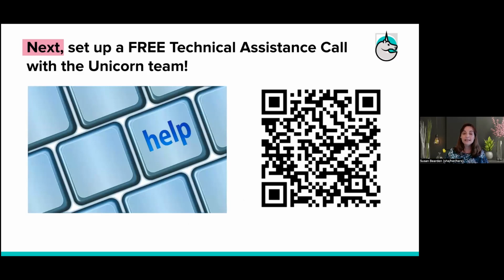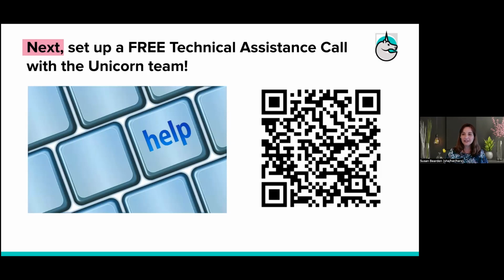Next, would definitely recommend that you set up a free technical assistance call with the Unicorn team. Again, you can see our QR code here on the screen. All of our technical assistance calls are free. And Chloe and I like to say, if we don't know the answer, we know people who do. So we often refer folks to other standards bodies or to other organizations for additional help and support.